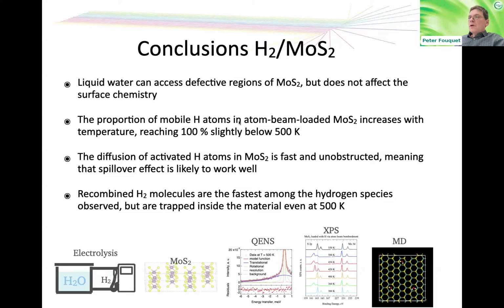In atom beam loaded samples, the proportion of mobile atoms increases with temperature, but you can also get complete desorption afterwards. That's not the case for the electrolysis loaded samples. They still keep quite a bit of hydrogen inside, trapped, and you see different diffusion processes there.